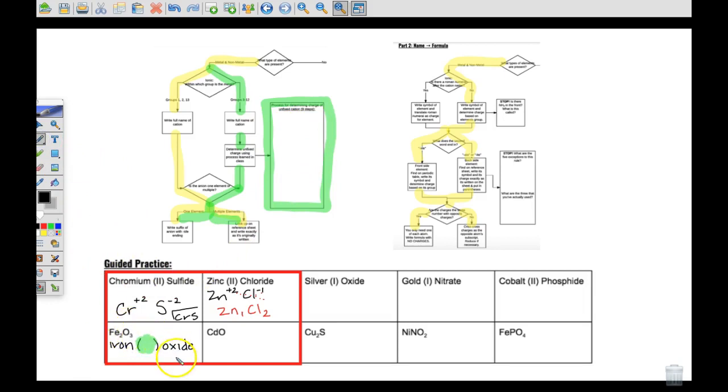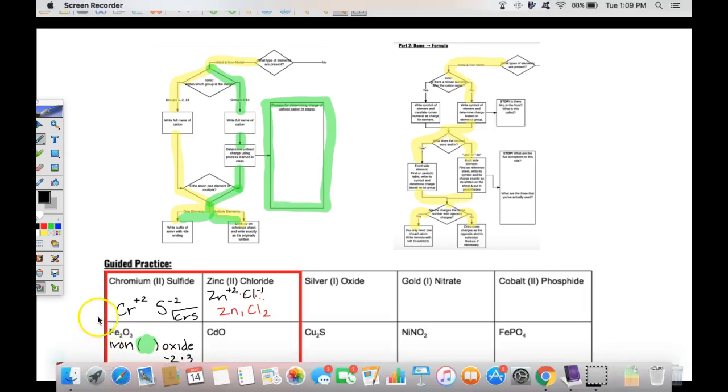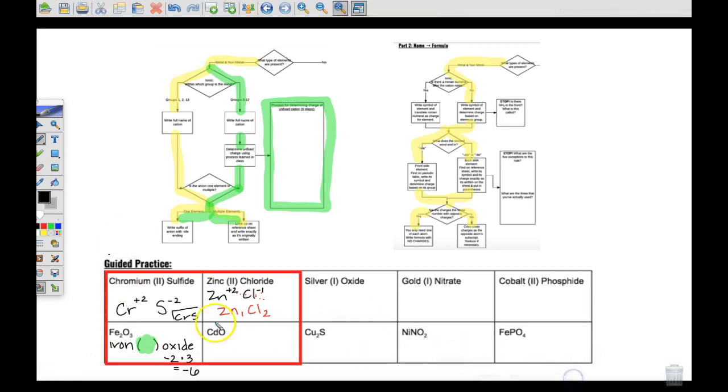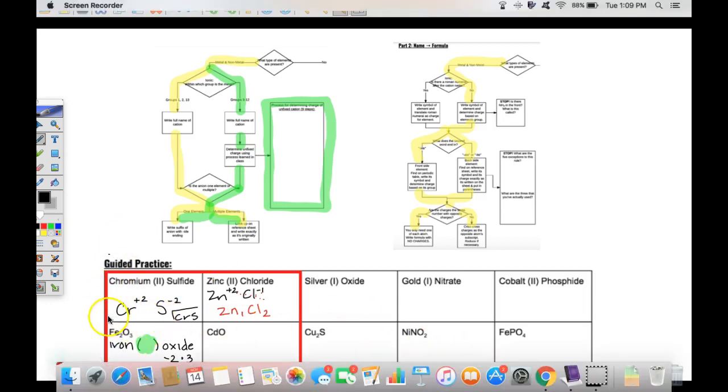So oxygen has a charge of -2, and there are 3 of them, which means I have a total negative charge of -6. This means that my positive charge has to be equal to +6 because ionic compounds are neutral.